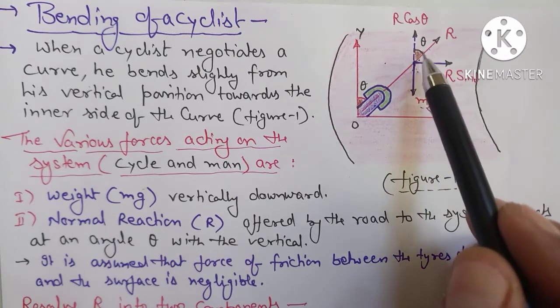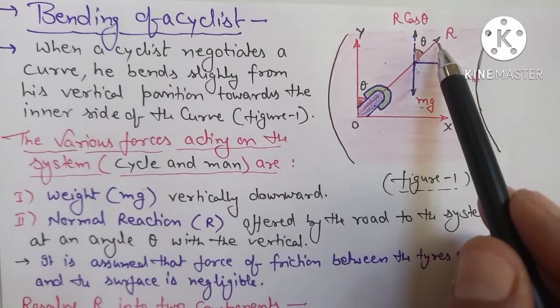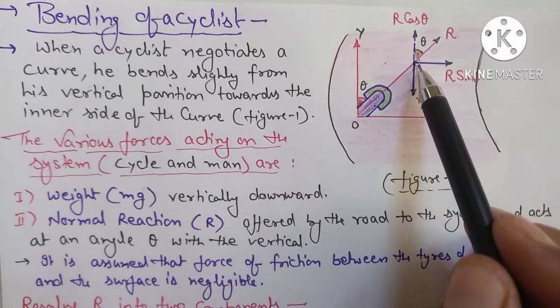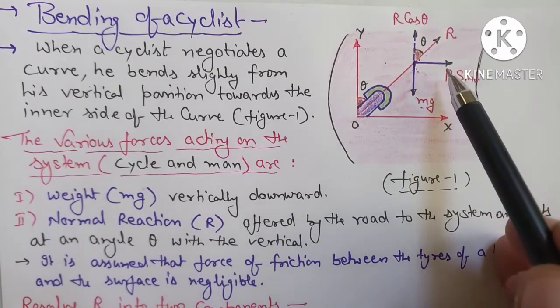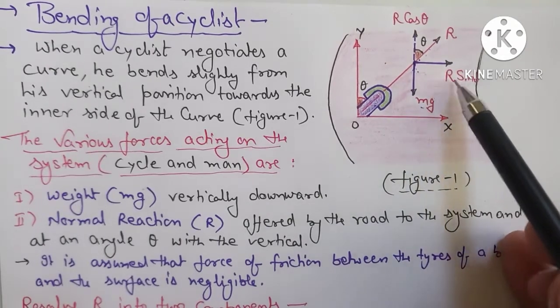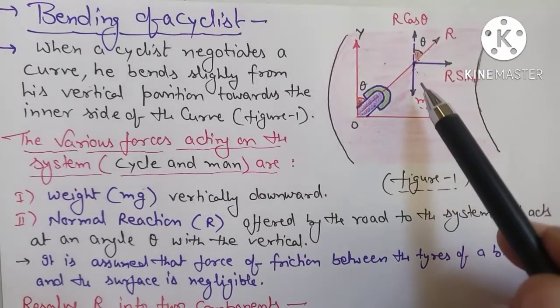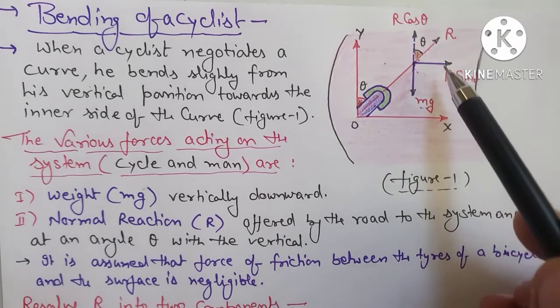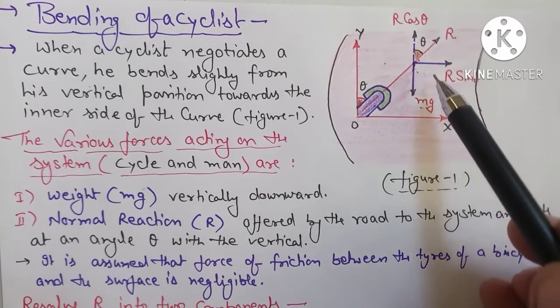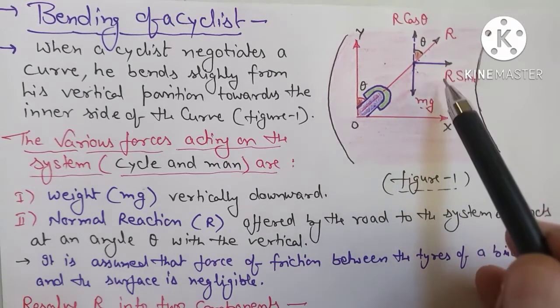This is the vertical component of the normal reaction. Another component, R sin theta, is directed towards the center of the circular path and provides the necessary centripetal force to the system to remain in the circular path.